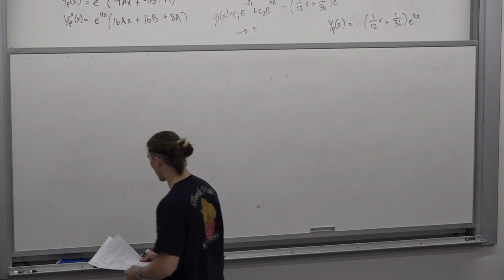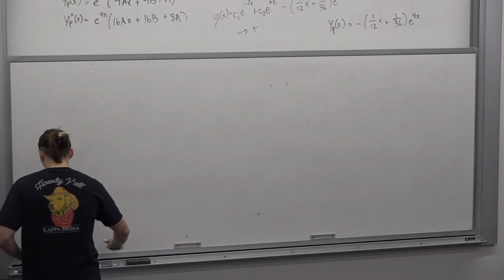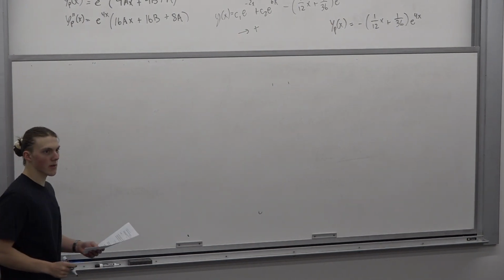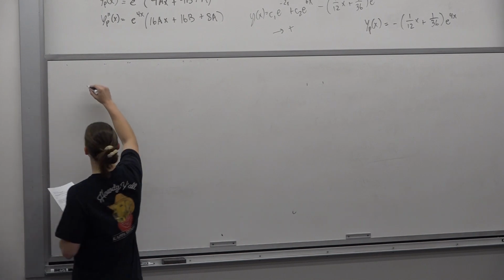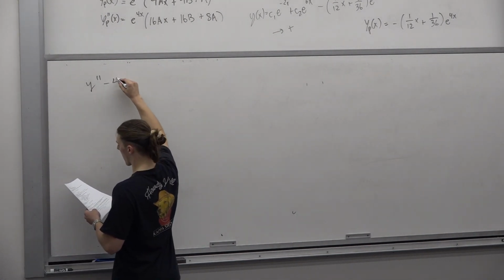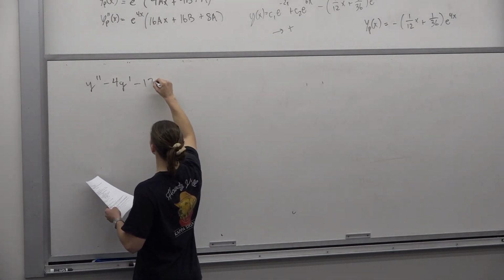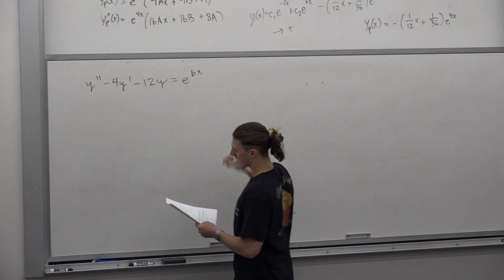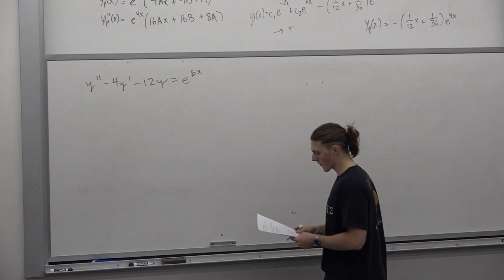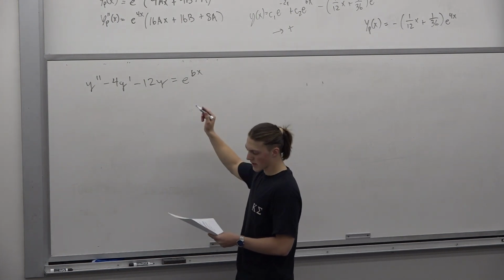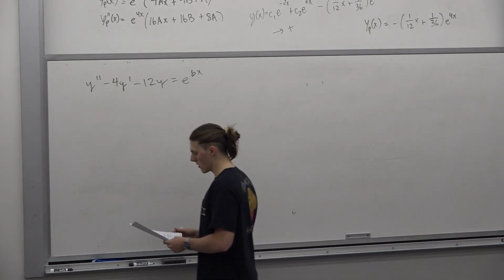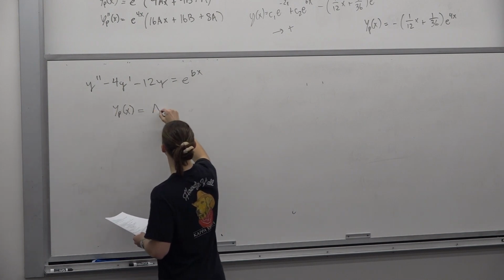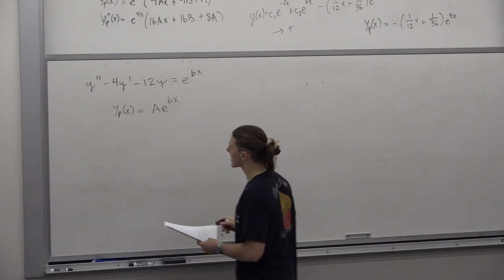I want to do this example because I want to show you a certain situation that might come up. So, let's say we have y double prime minus 4y prime minus 12y equals e to the 6x. If you just look at this and take a guess for the particular solution, your guess would be a e to the 6x.